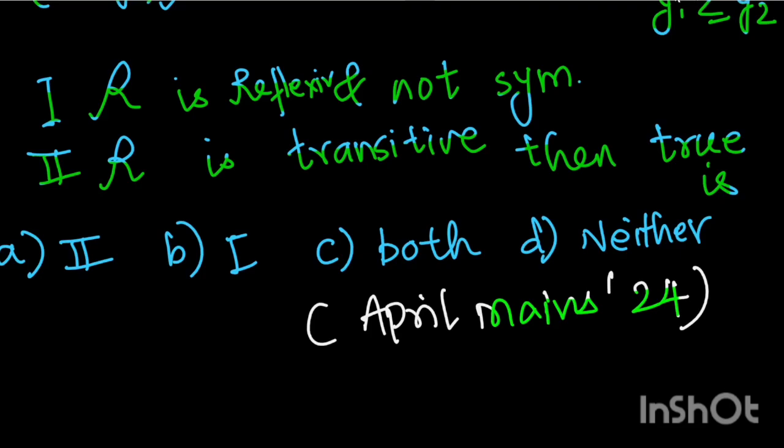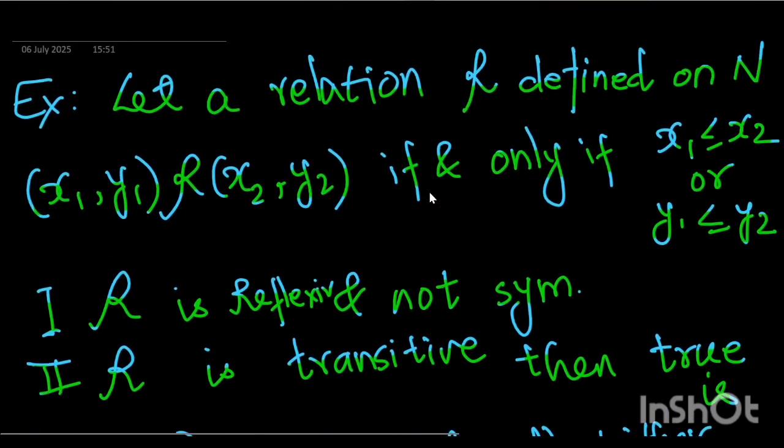So how can we attempt this, guys? What should be the approach to this problem? Now here x1 less than or equal to x2 or y1 less than or equal to y2 means what, guys? Any one or both.